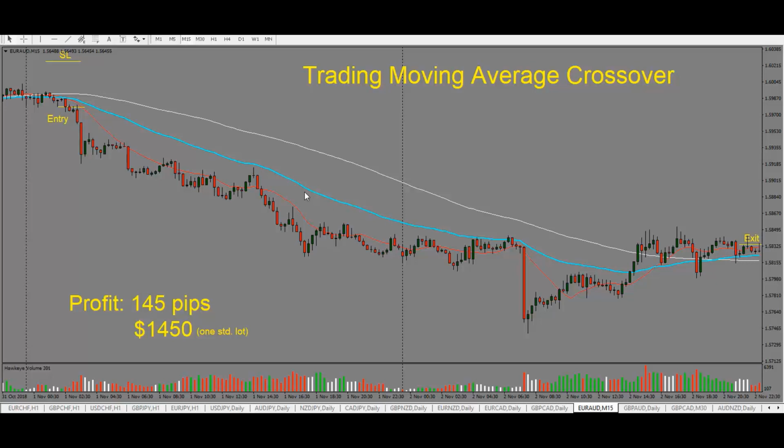Before, our blue line was below the white line, and now it's crossed over to the opposite side, and the blue line is on top, which means this is a good place for us to exit the trade. I just want to make sure that price is holding above our moving average, and then we exit the trade. From entry to exit here, we have 145 pips in the trade. So our profit is $1,450 if trading one standard lot.